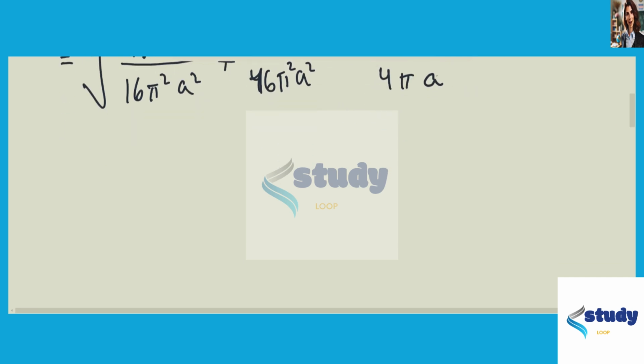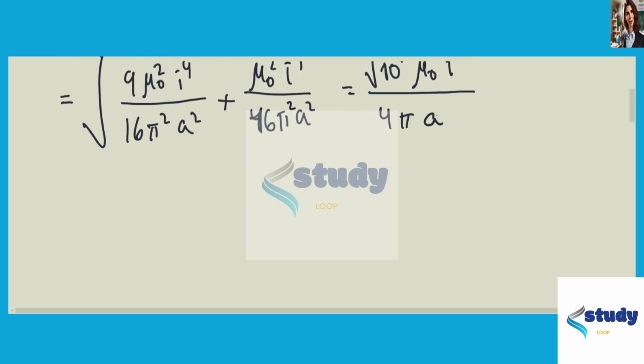And once we have obtained this, we can just simply substitute all of the values that we know. We know the value for mu sub 0, that's a constant. We know also the value of the current. All of these wires carry the same current, which is 7.5 amperes.